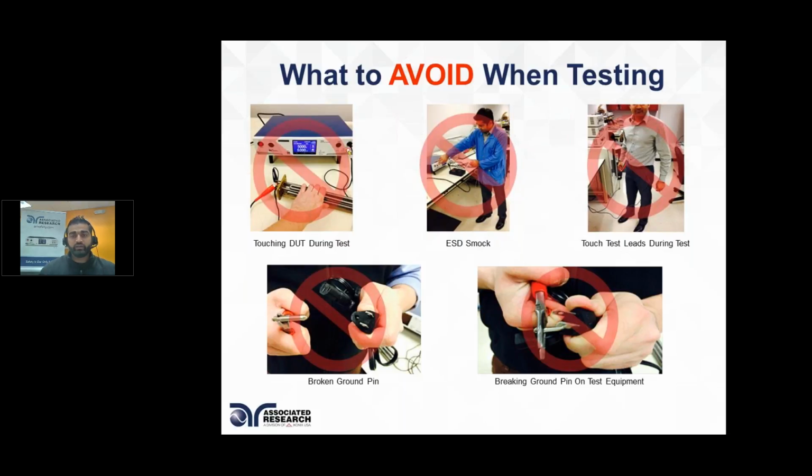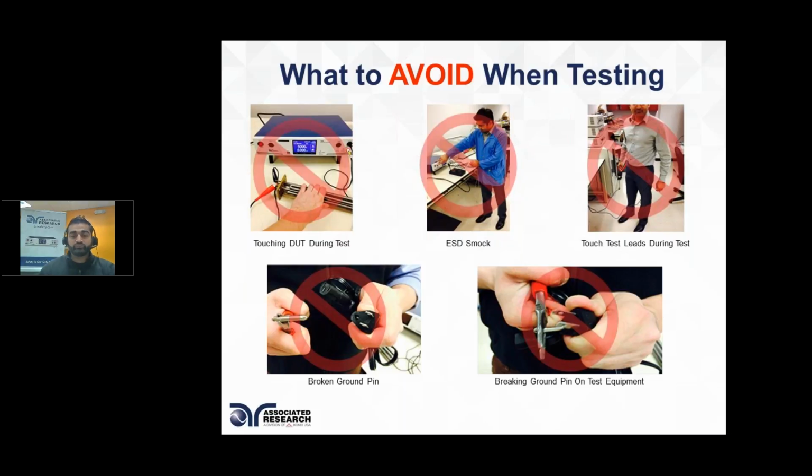They were getting shocked, but it was never reported, and they said, everybody gets zapped at this place. Well, you're not supposed to get zapped when you're performing a high pot test. You're doing something wrong if you're getting shocked. So you want to ensure that your operators know what's going on. Use some of our webinars and slides to do a class to inform them what to do and not to do during high pot testing.